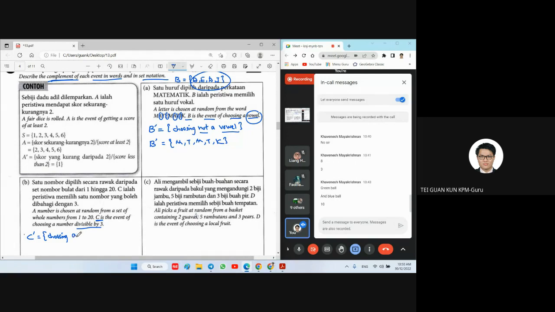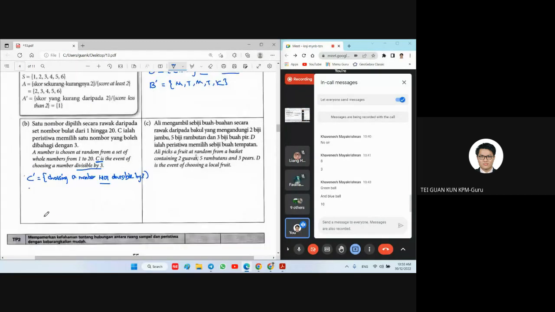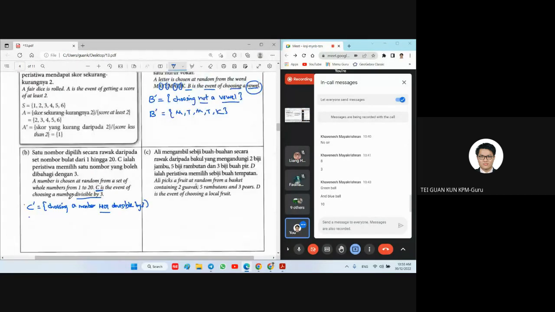Choosing a number not divisible by 3. Tambah je perkataan not. Untuk complement, tambah perkataan not. So, what is the answer for complement C?